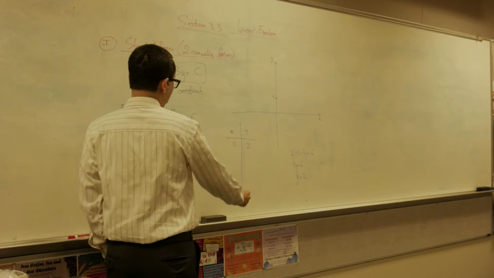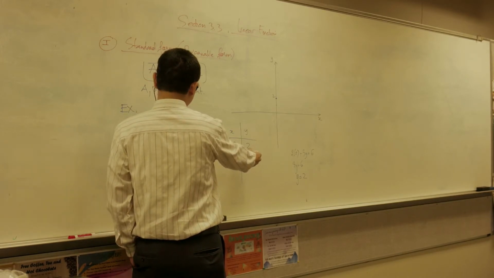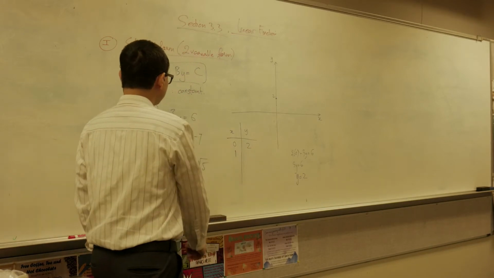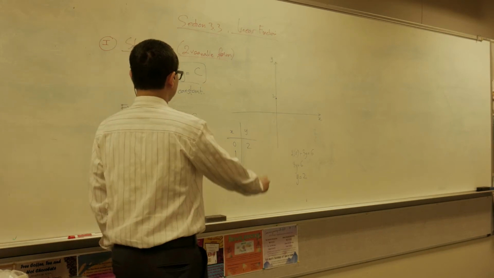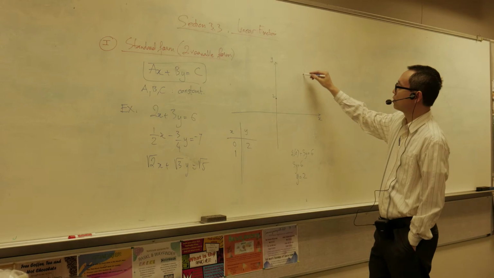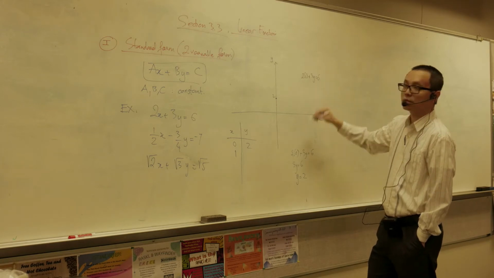Now let x equal 1. Let's see what happens. Okay, x equals 1, so I'm going to do 2 times 1 plus 3y equals 6, right?